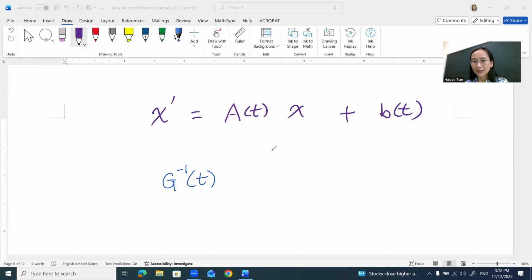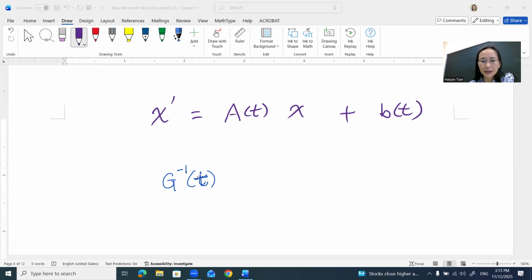Actually, we can show that G is invertible. At least when t is 0, we see an identity matrix. That shows the independence of the n columns, at least when t is 0. So its inverse exists.